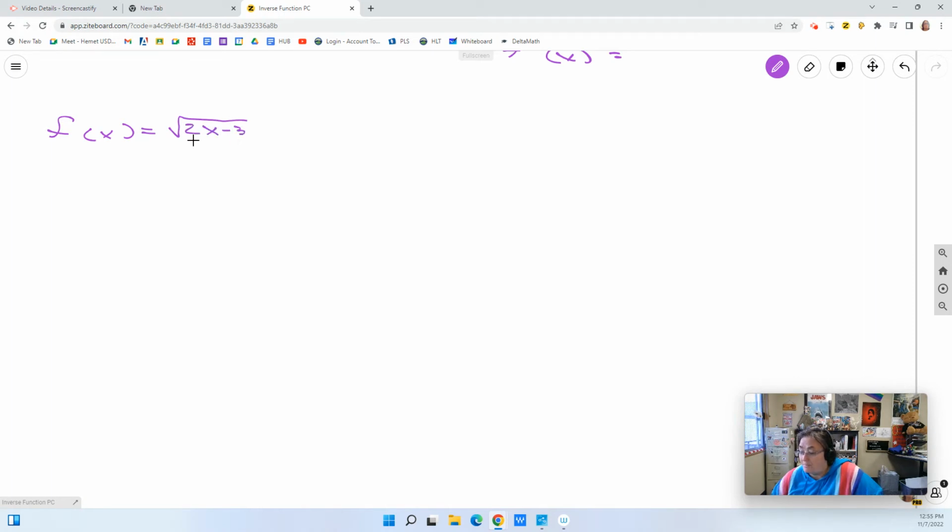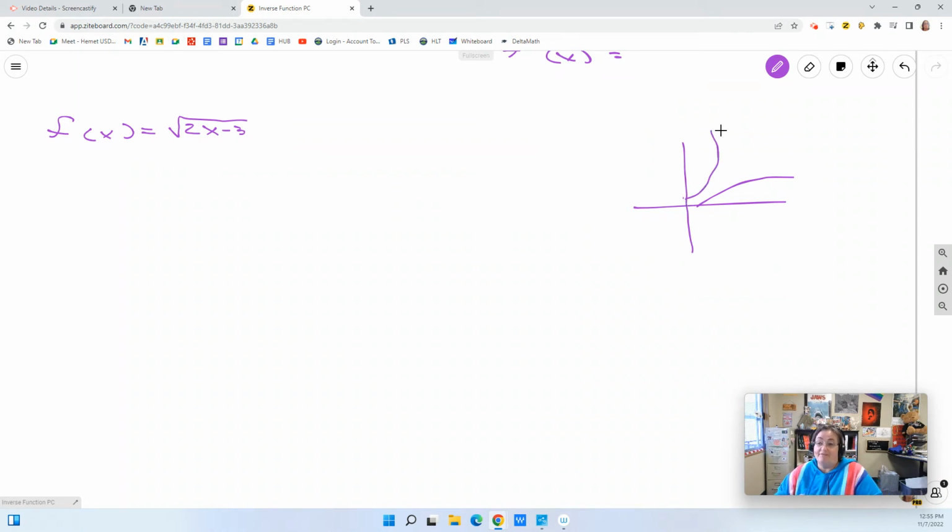So not a pretty problem, but I also know it will work because I know that the graph of a square root usually graphs something like this. And so I know it's going to pass that horizontal line test just by knowing a few things about graphs, right? I know how it's going to kind of look. So that means the inverse of that graph would kind of go something like that.